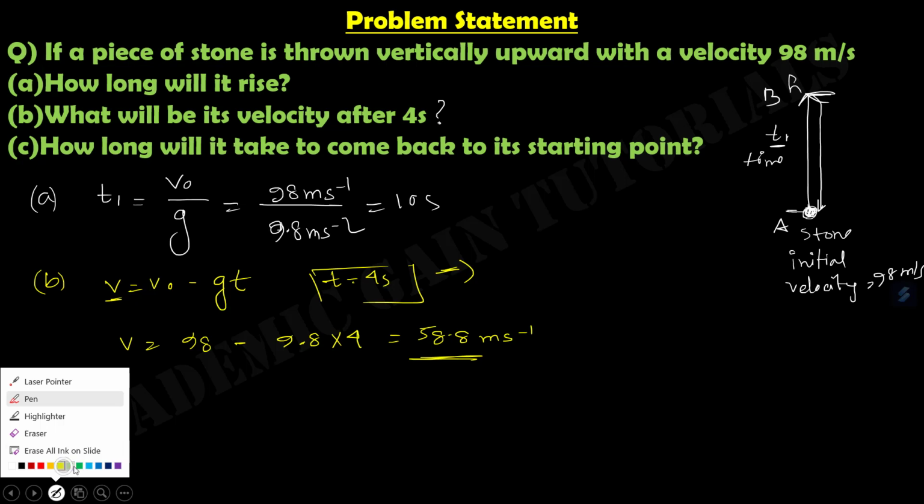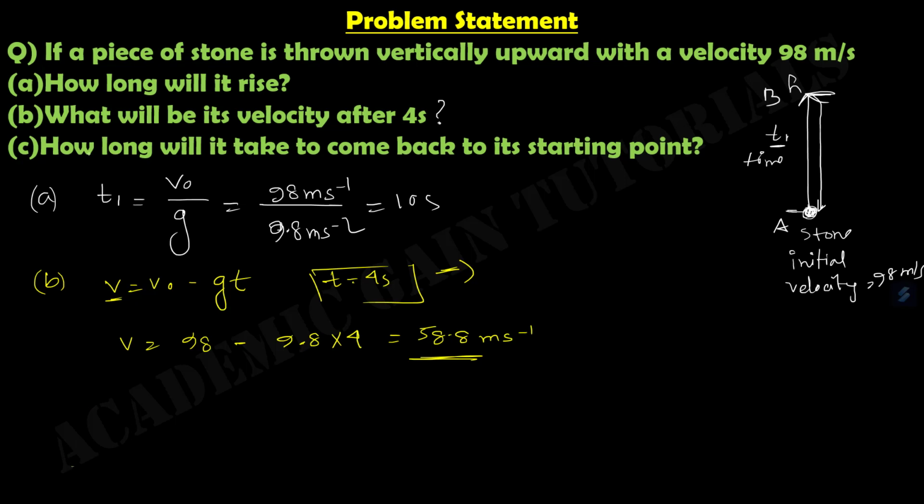Now the third one says, how long will it take to come back to its starting point? So it asks how long it will take to go from A to B and then come from B to A. For this whole path, we know the total time equation is 2 v naught by g.